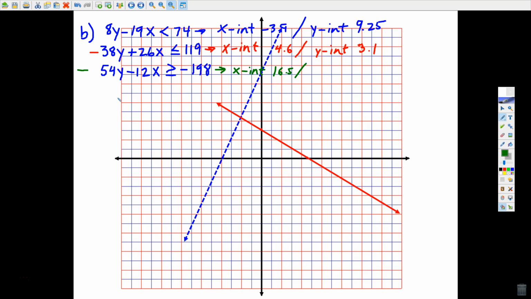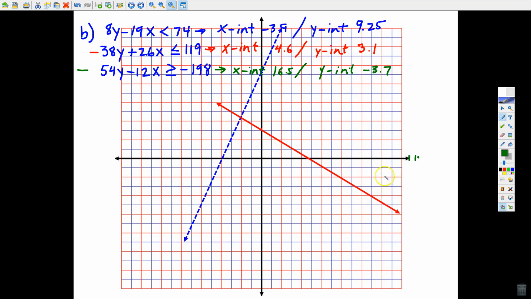And about negative 3.7. Okay, so 16.5 goes beyond, I think I have 14. 1, 2, 3, 4, 5, 6, 7. Yeah, I got 14. I'm going to call this 15, 16, and then I'm just going to do a half.